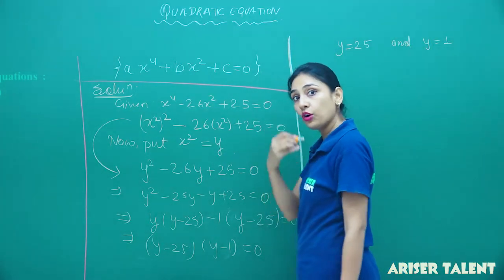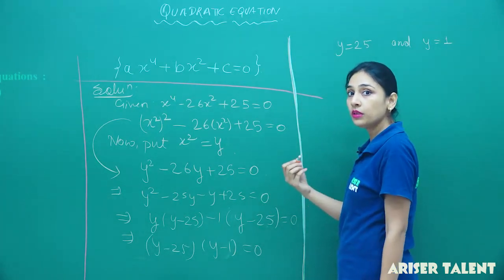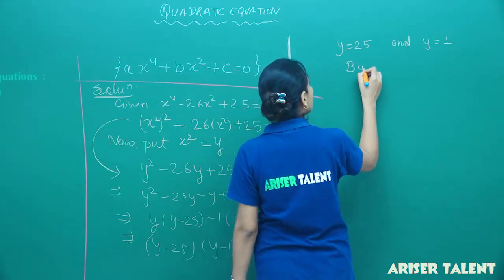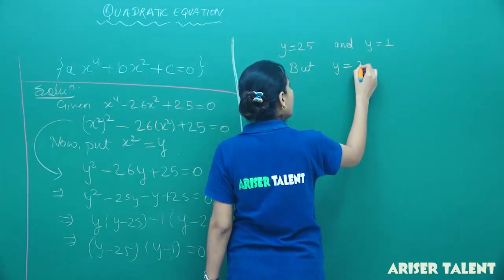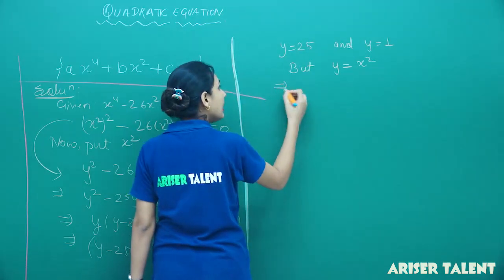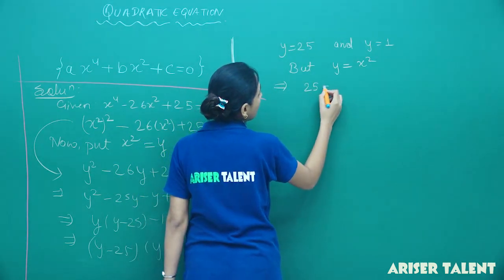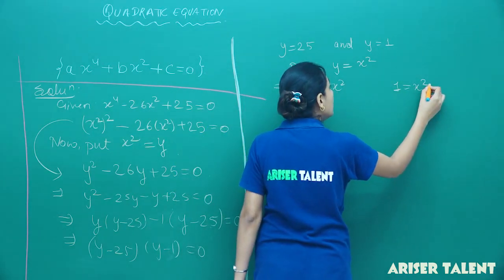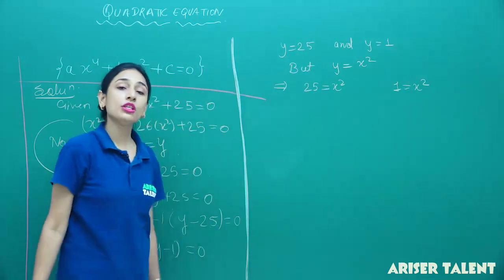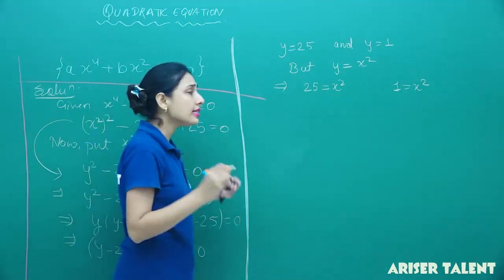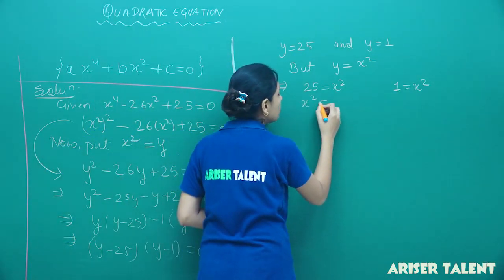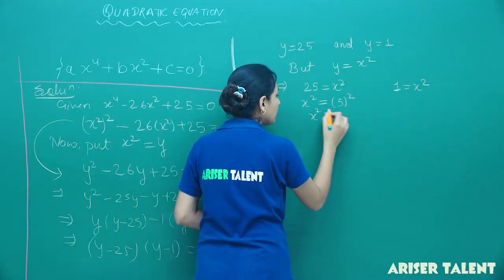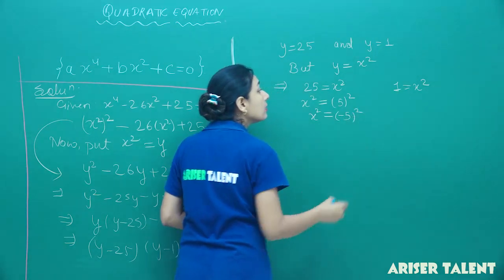Okay, but what did we do? We assumed y equals to x square. This implies that 25 equals to x square and 1 equals to x square. Now, if 25 is equal to x square, can I simply say that x square equals to either 5 square or x square equals to minus 5 square?